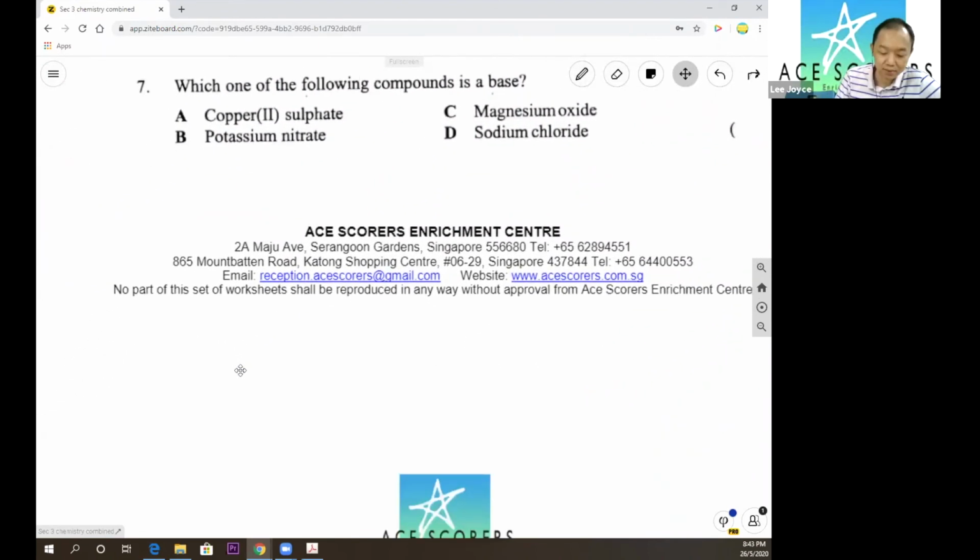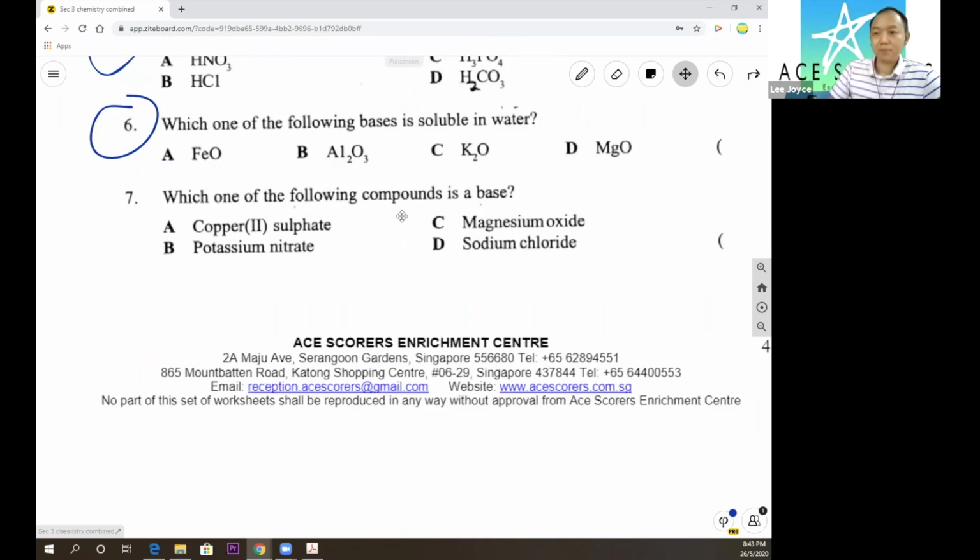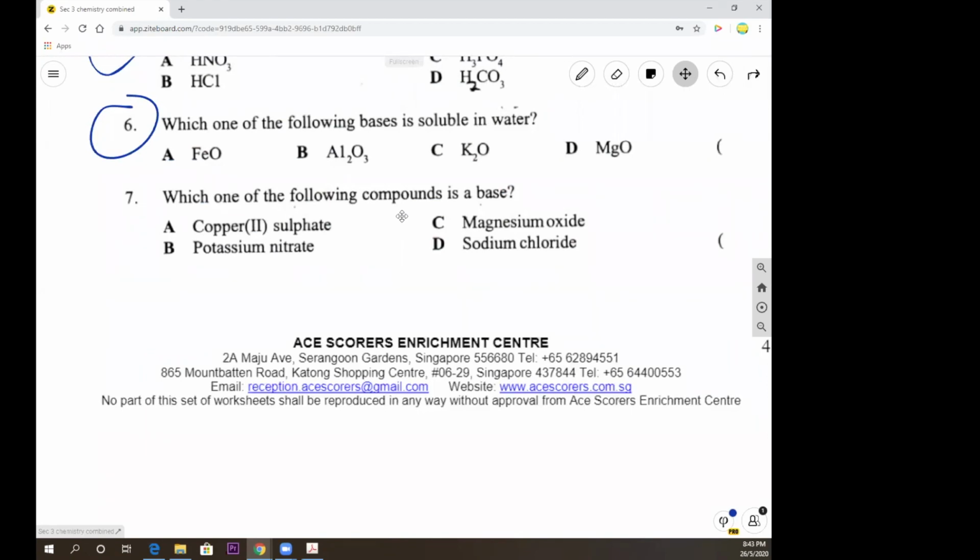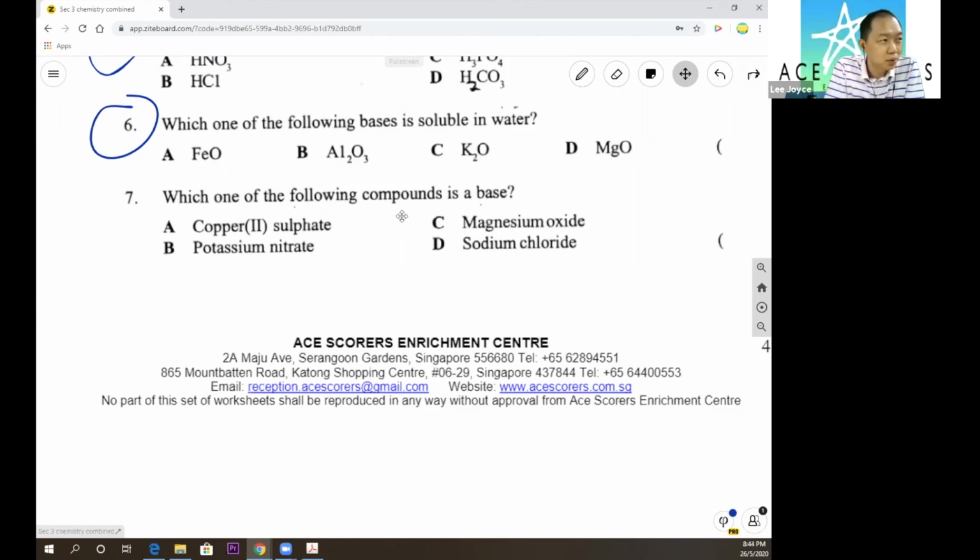Look at this. Okay, which is a base? Which is a base, people?